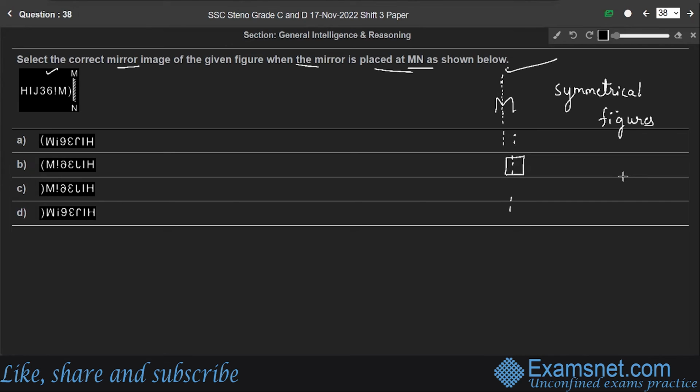So here the rightmost figure becomes the leftmost figure in the image part.